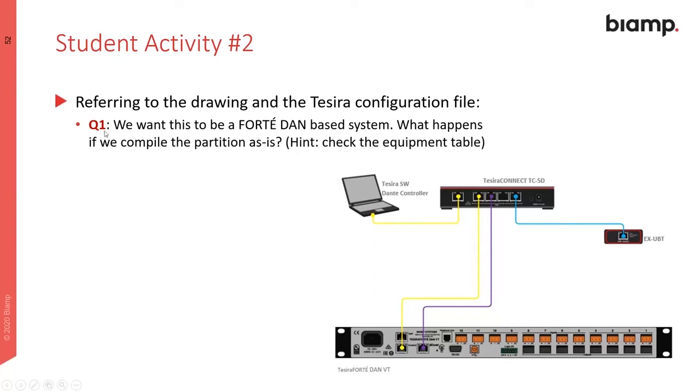And if we compile this system, which contains only EXUBT plus a Tesira DAN, we need a mute sync device, which is the EXUBT, to make sure that our Tesira DAN VT can send the audio from the AVB device into our Dante device. So I will ask you to open the second file.